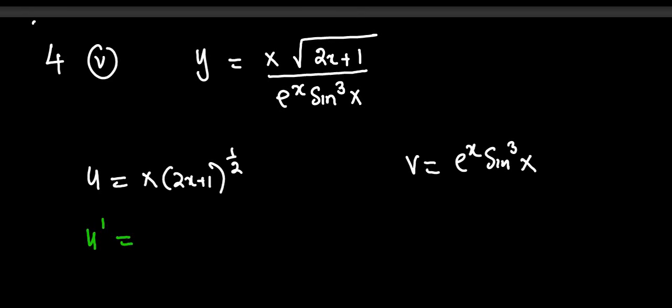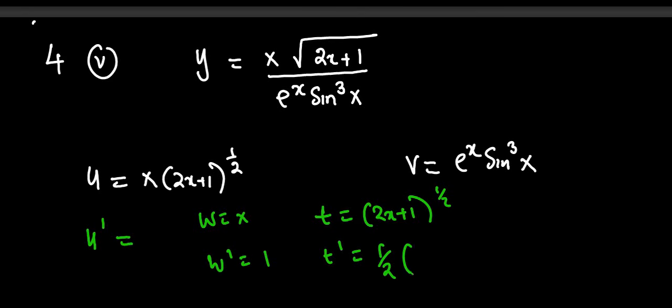just normal product rule. So let's say this is your omega, your x. Then let's say the other one is our t, the 2x plus 1 to the power half. So omega prime is 1, then t prime is half times 2x plus 1 to the power negative half. This part cancels because it's half of 2.